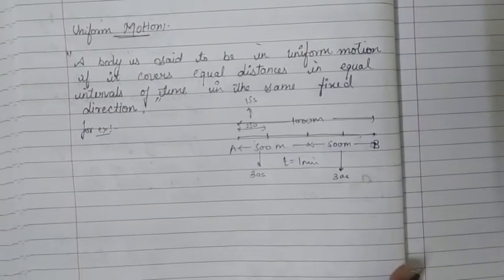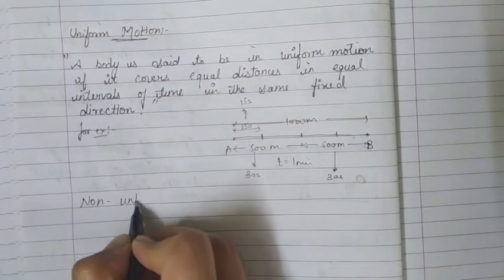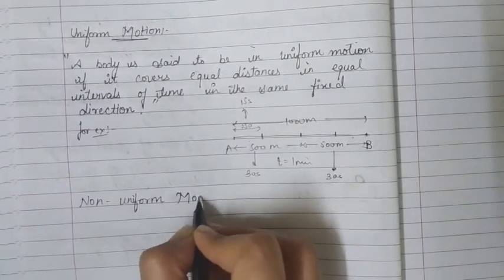However, non-uniform motion is just the opposite of that. In non-uniform motion, the velocity keeps on changing.